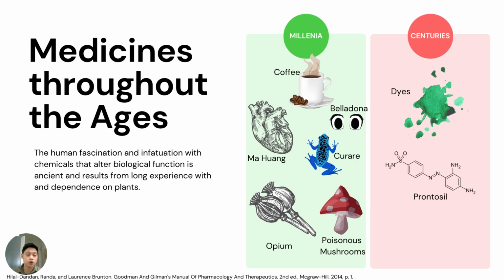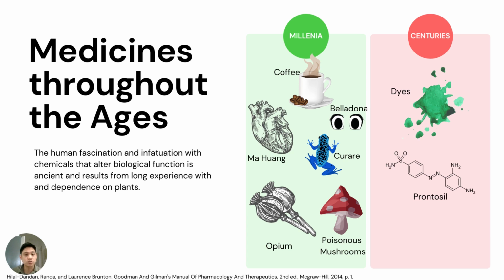Let's just go through the medicines throughout the ages. The human fascination and infatuation, which means we really get in love with medicines, with chemicals that alter biology, is ancient. Ibig sabihin, noon pa lang, yun na yung relationship natin sa mga gamot.